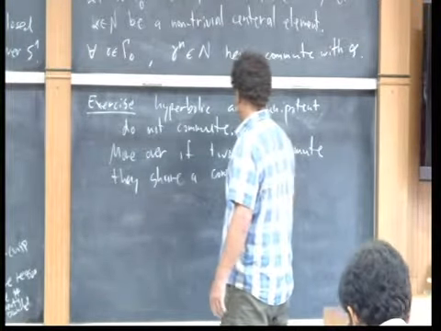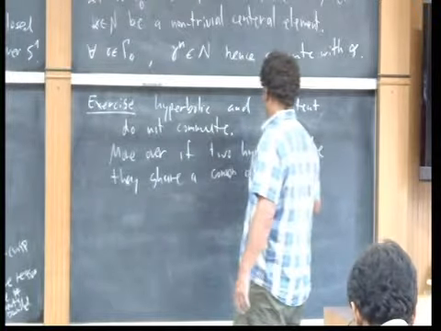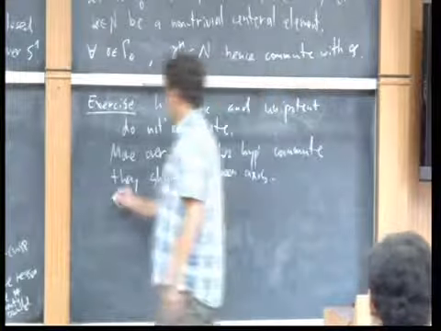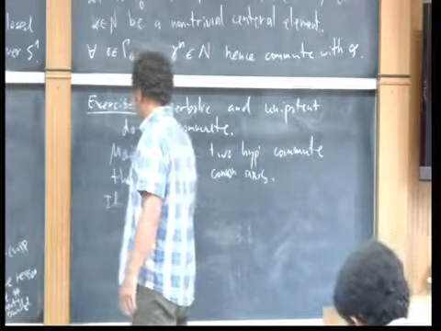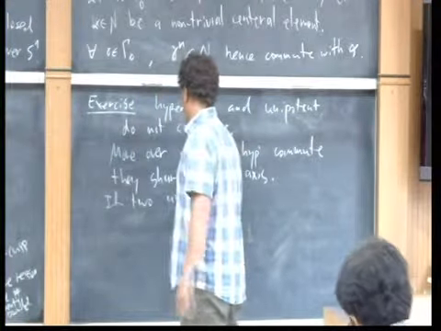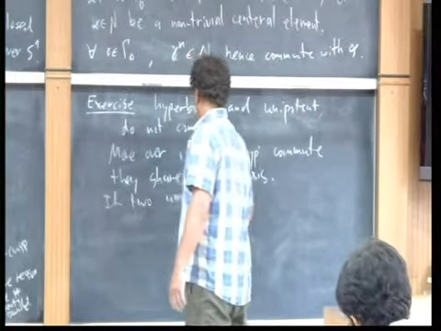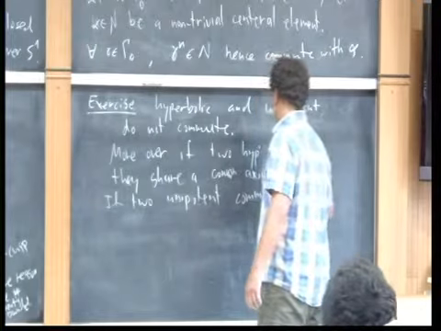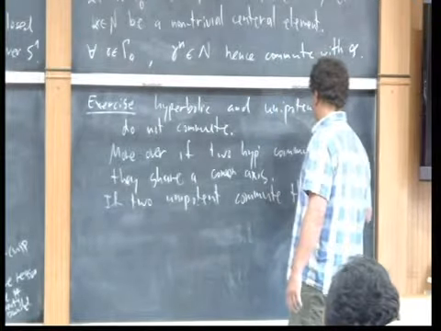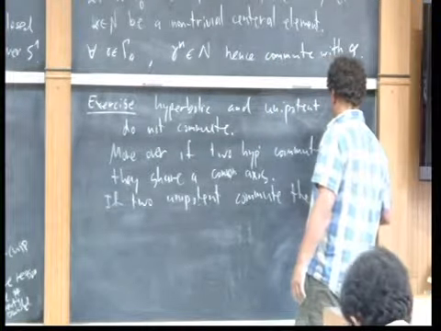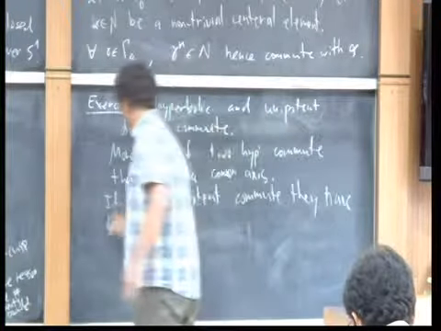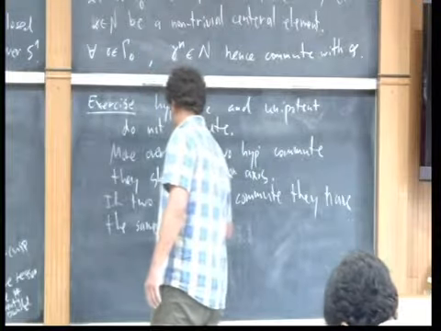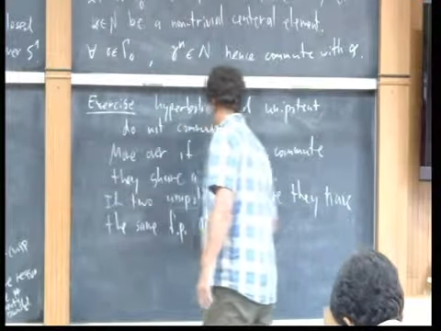If two unipotents commute, they have the same fixed point at infinity.